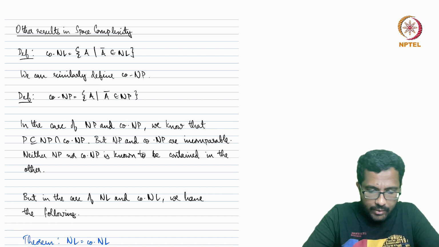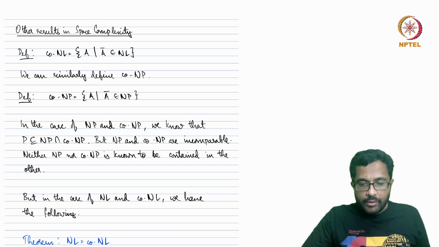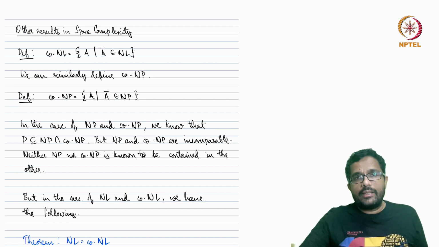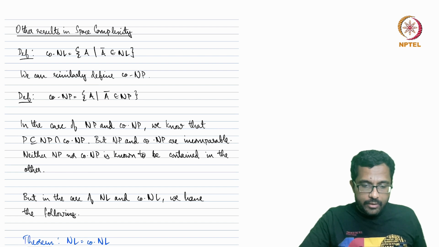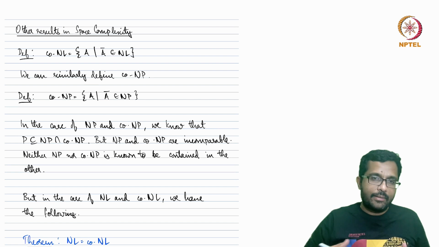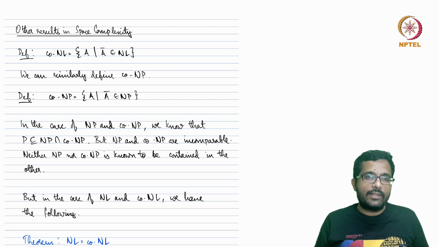In this lecture, I'll quickly go over some of the other topics that appear in this chapter in the Sipser book, because we do not have the time in the rest of this course to completely cover these topics.